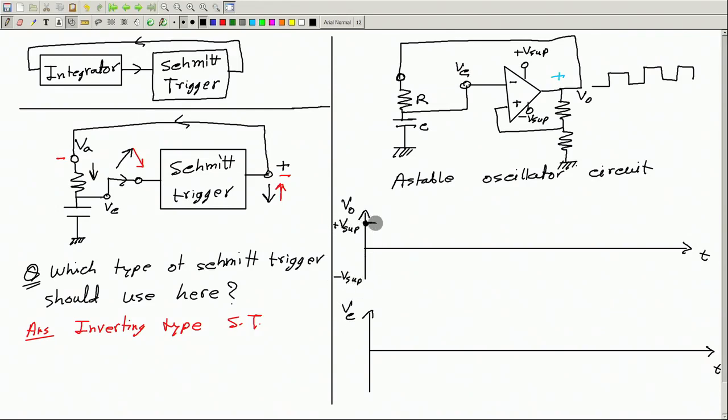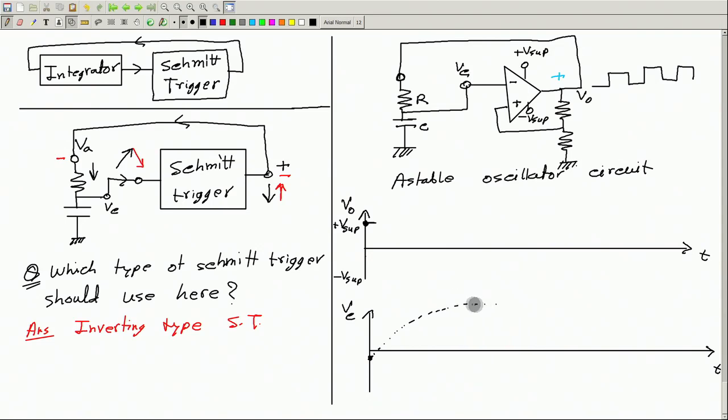So initially the voltage is positive here, and we shall take some value of initial voltage Vc. It can be anything, 0, positive, negative. Let us say it is here. Okay. This is the guessed initial value. Then what will happen? This voltage comes here, and therefore the capacitor will charge exponentially like this, and it will try to go to what?